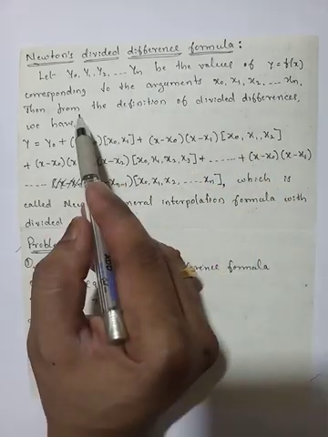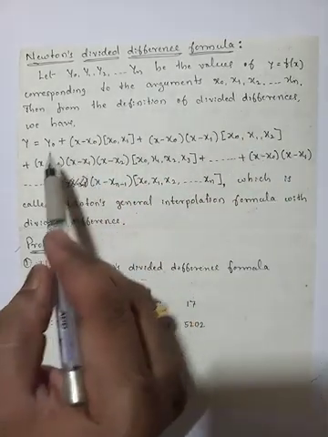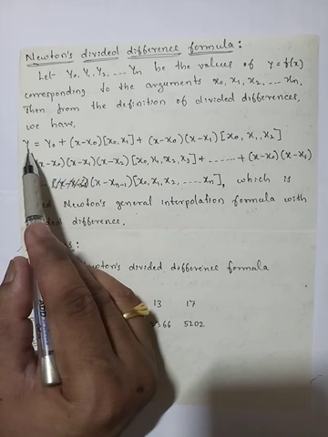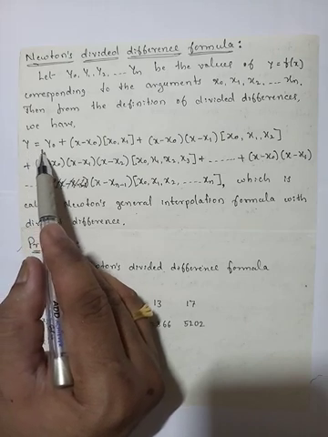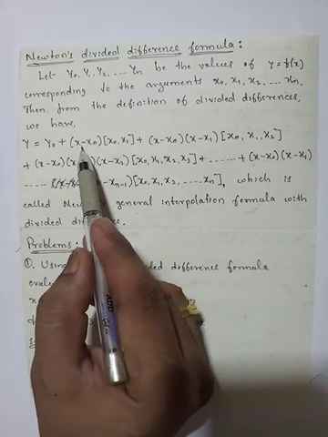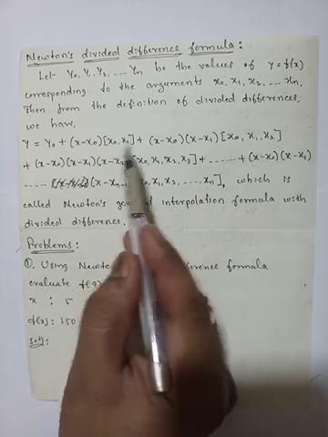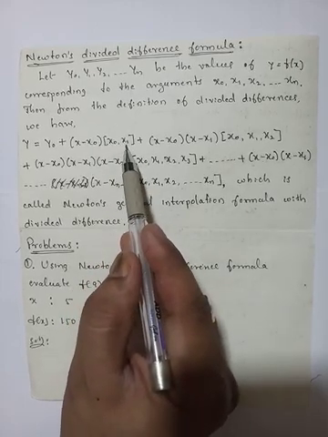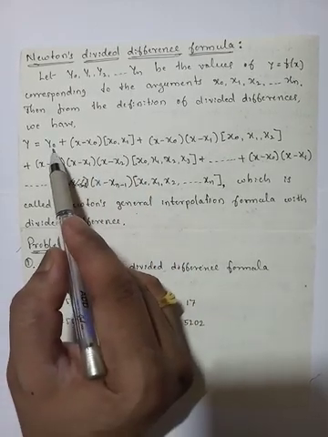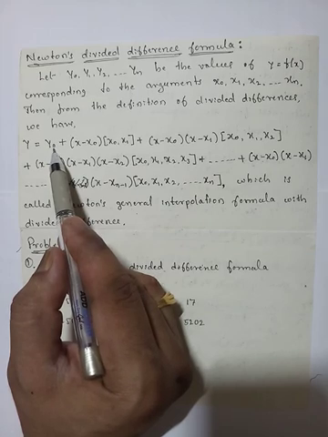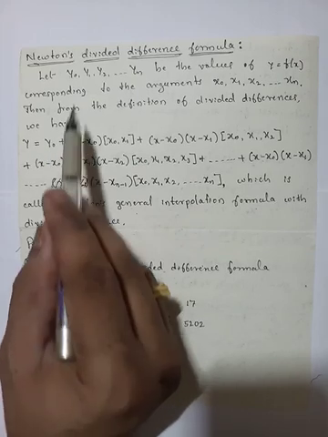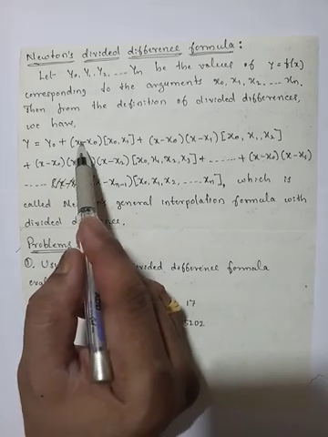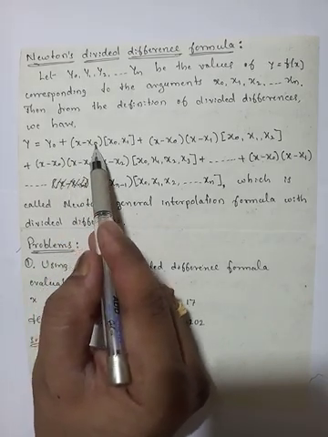From the definition of the divided differences, we have the formula as y equals y0 plus (x minus x0) into [x0, x1]. It's very simple. y0 is given in the problem, the first value of y, plus we take the difference x minus x0.